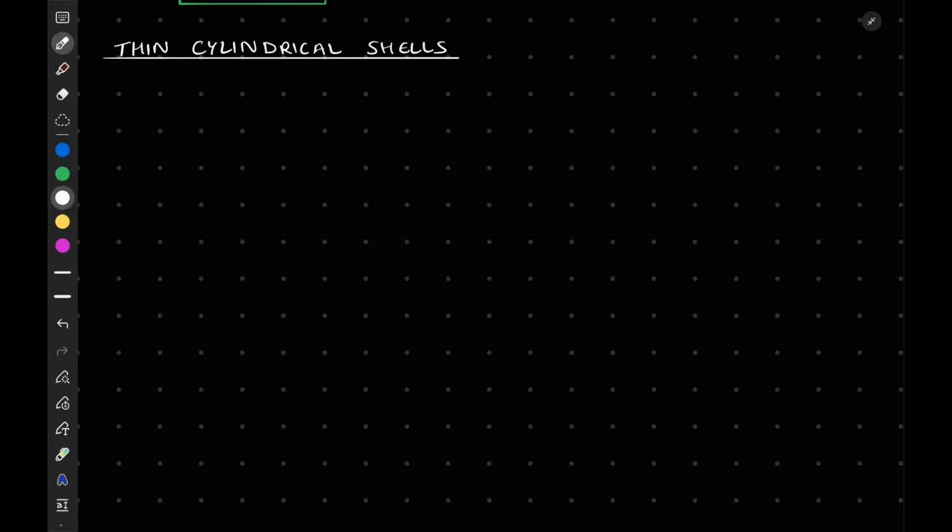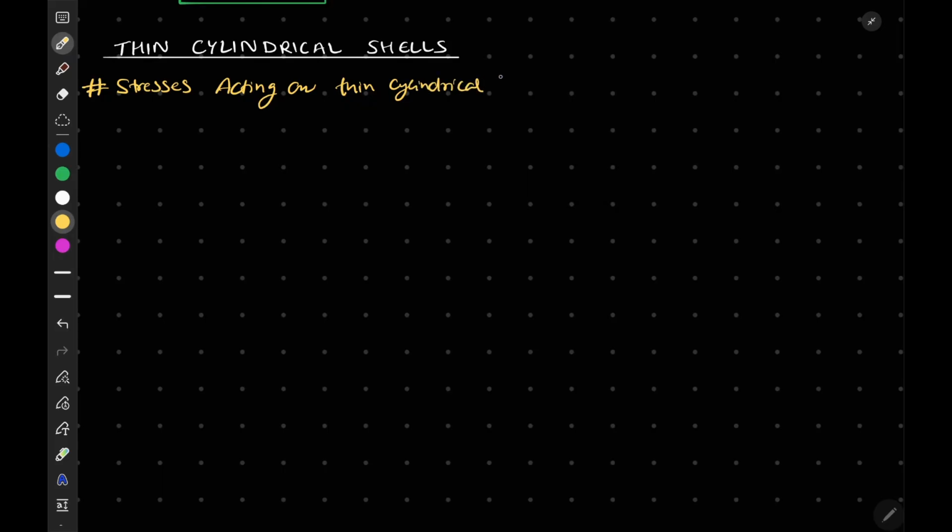Now if I talk about the stresses acting in case of a thin cylindrical shell, there are three types of stresses acting on it. Okay, so let me start with the stresses acting on thin cylindrical pressure vessels.